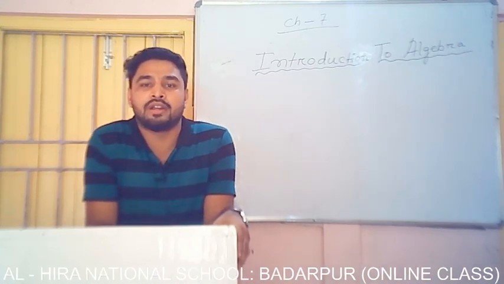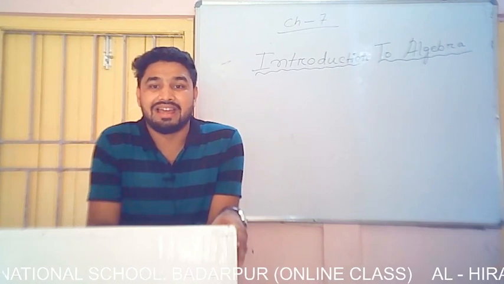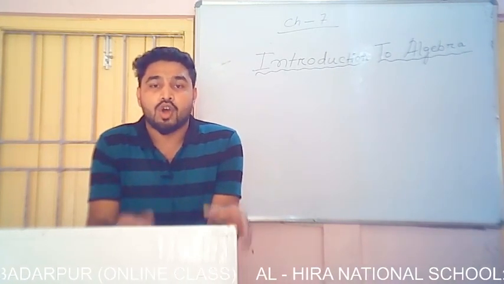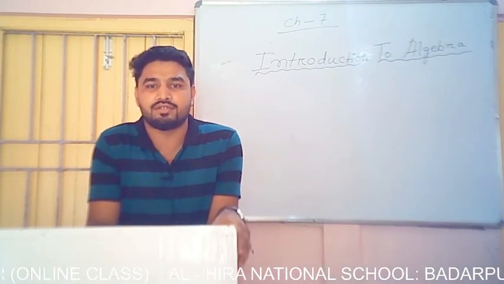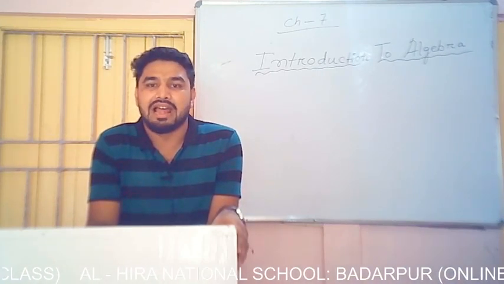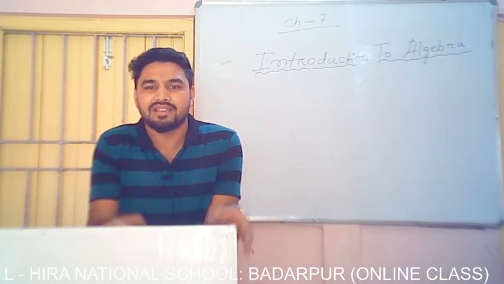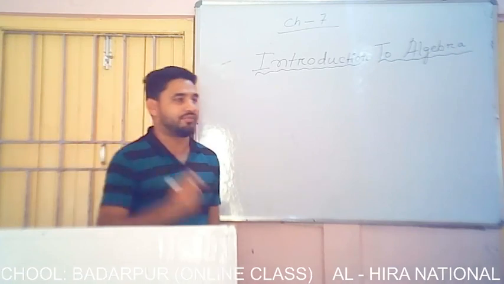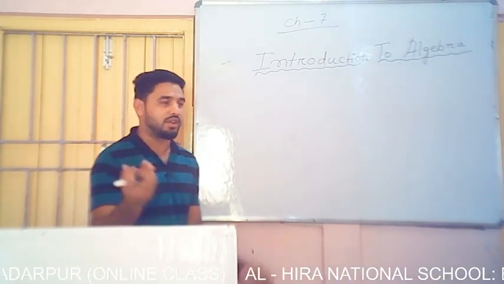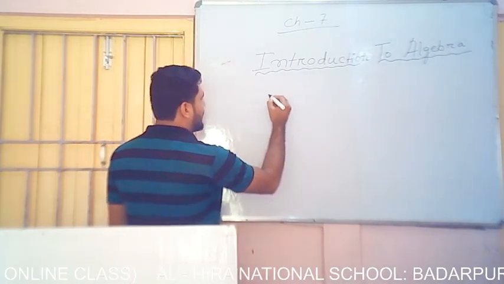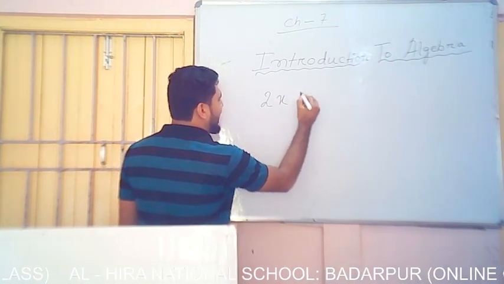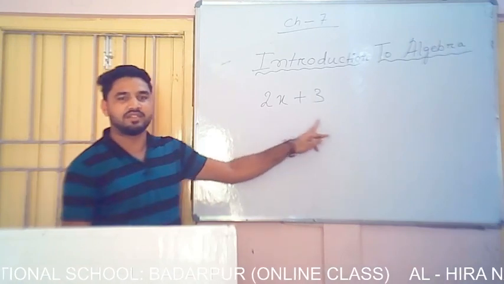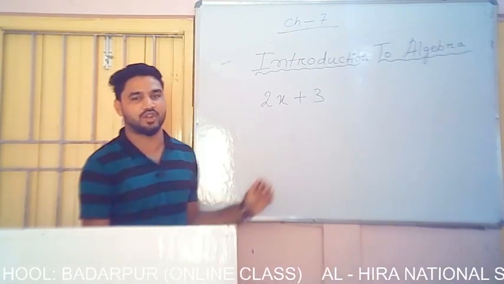Now come to the point, what are algebraic expressions? Combinations of variables, constants and operators are called algebraic expressions. Suppose I take an example of an algebraic expression, 2x plus 3. 2x plus 3 is an algebraic expression.